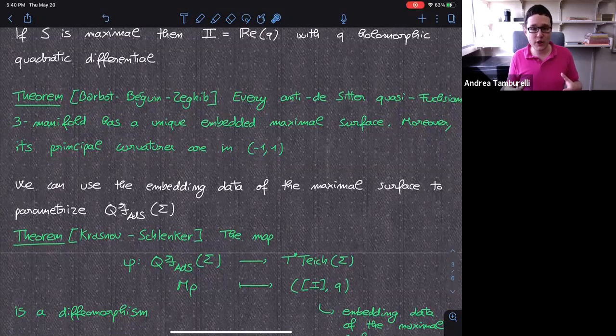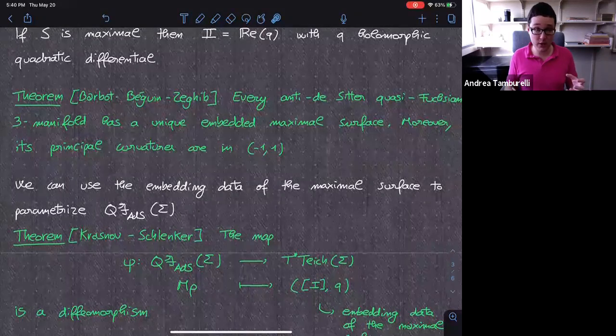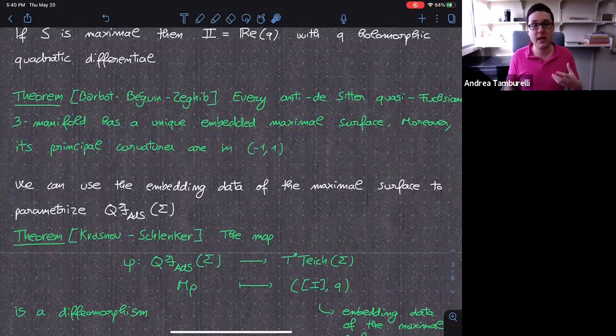This means that anti-de Sitter quasi-Fuchsian 3-manifolds behave like almost-Fuchsian hyperbolic manifolds, because we always find a unique embedded surface of mean curvature 0 with principal curvatures in the interval (-1, 1), which in hyperbolic geometry we had to impose by restricting to a particular class of quasi-Fuchsian manifolds satisfying this property. In anti-de Sitter geometry, instead, this property is always satisfied.